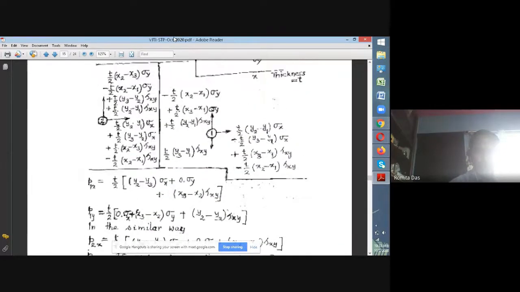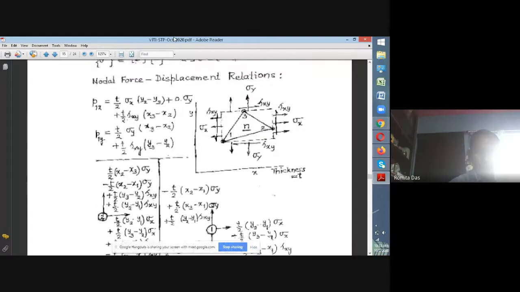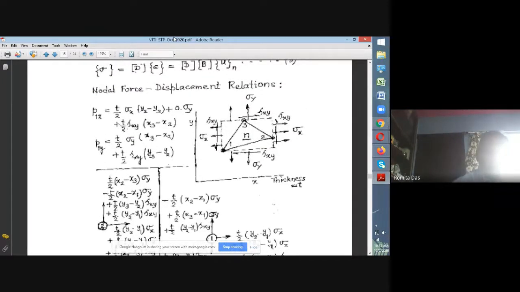We started with the distributed load over the boundary of an element, lumped it at the corner nodes of the element, and thereby we got a linkage between the force in x direction and y direction with the stresses within the element.